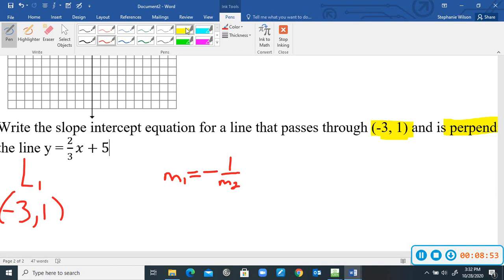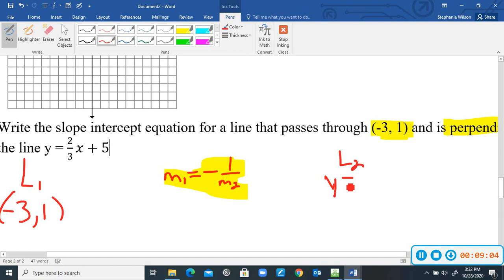So that's my perpendicular. And it said line 2 is y is equal to 2/3 x plus 5, and yay, because it's already written in slope-intercept form, it saved us all this extra work. So that's always a good thing.